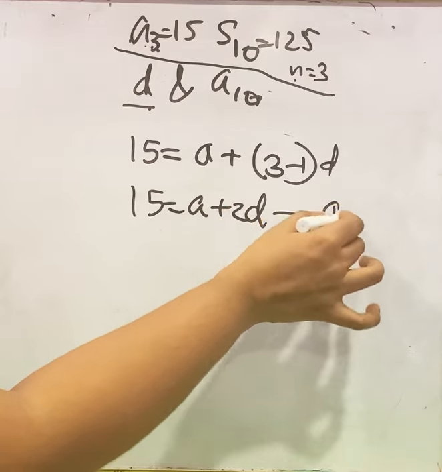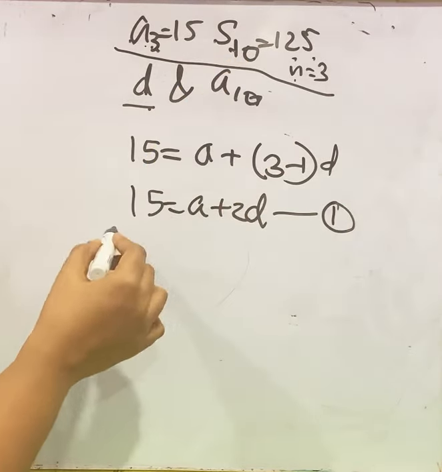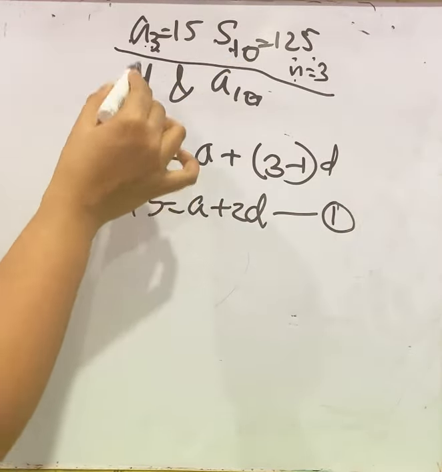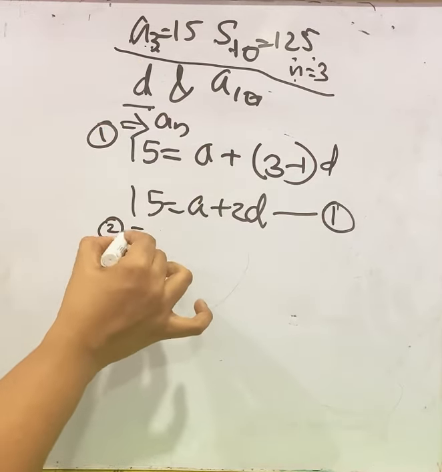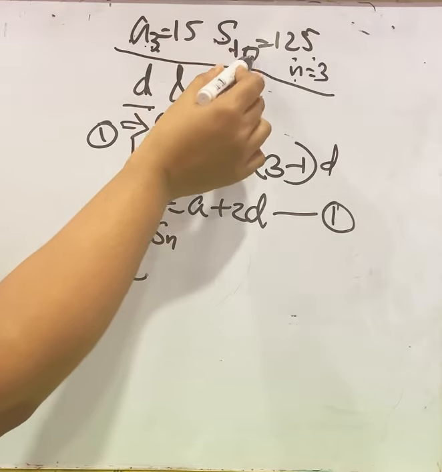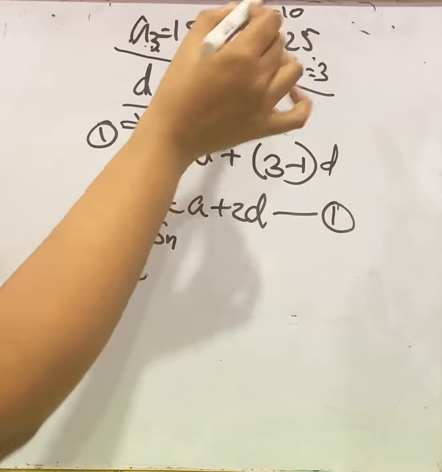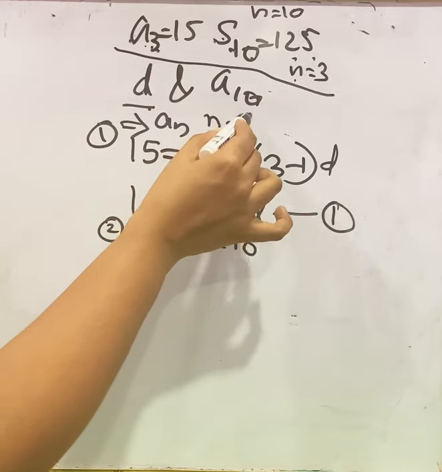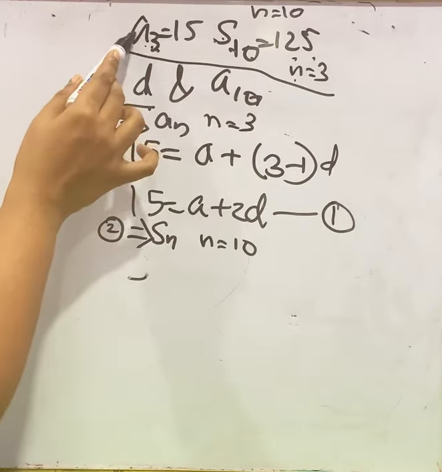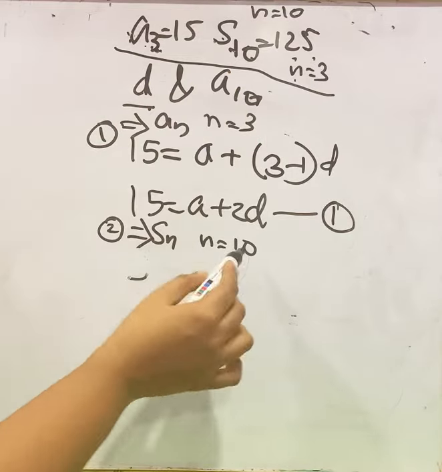This is the first equation. S10 is given, so we have another formula. This is the first condition, that is to find an. Now the second condition, considering the sum. If we are considering S10, here n equal to 10. Here n equal to 3 because it is a3, and this is S10.